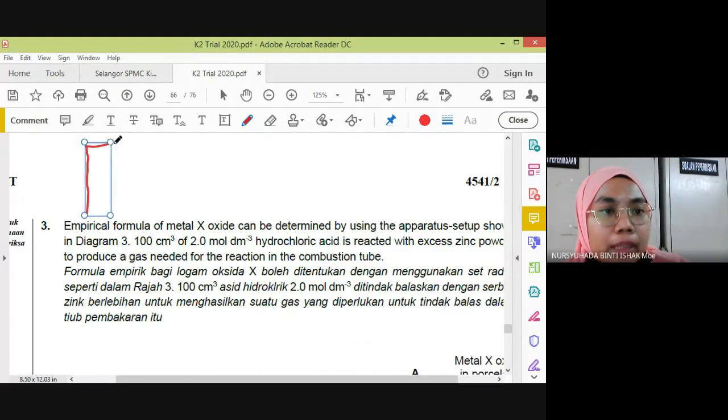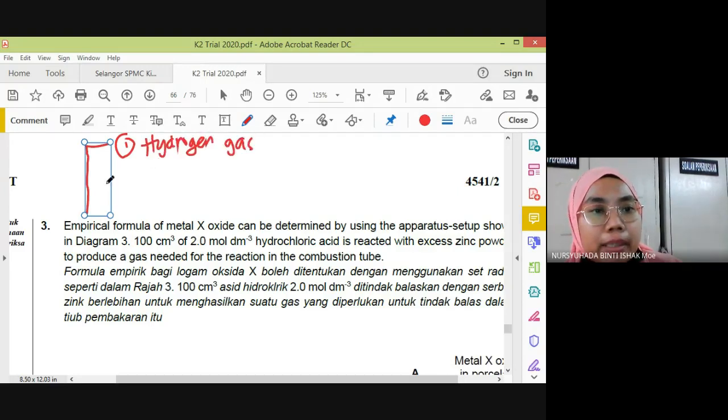How many methods to find the empirical formula of metal X? Respond. 2, very good. First method, macam diagram bawah ni, using hydrogen gas.